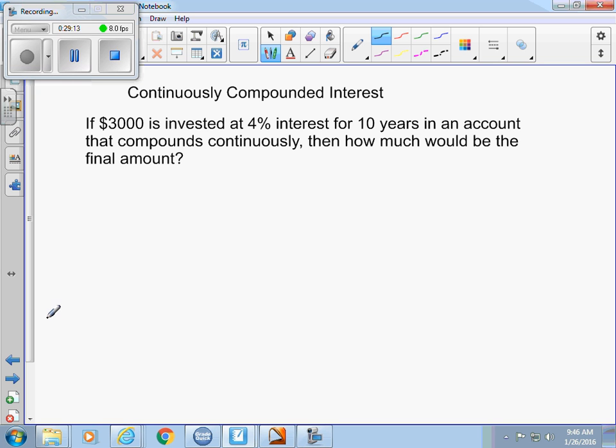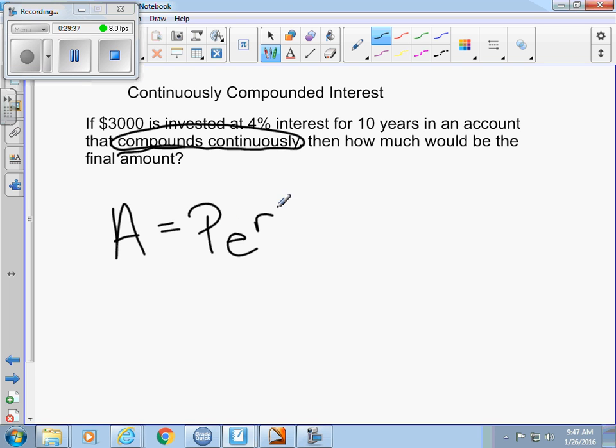Okay, continuously compounded interest. Again, I want to warn you that this is not very realistic, but the college algebra final may ask it. As soon as you read this statement, your brain needs to completely switch gears to a different formula.